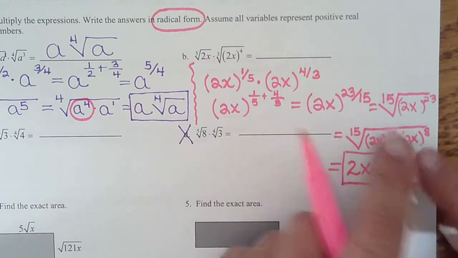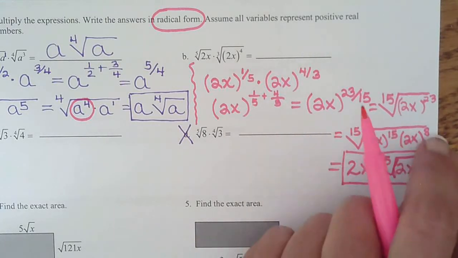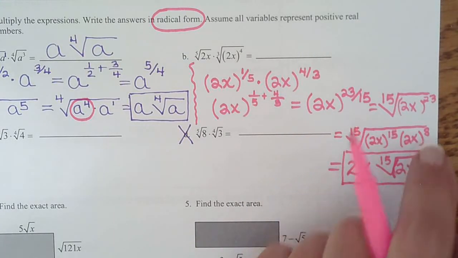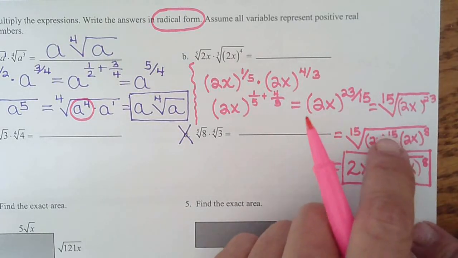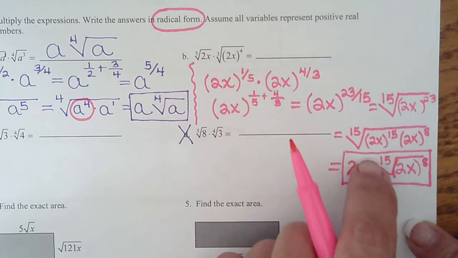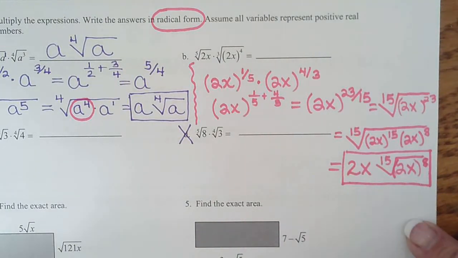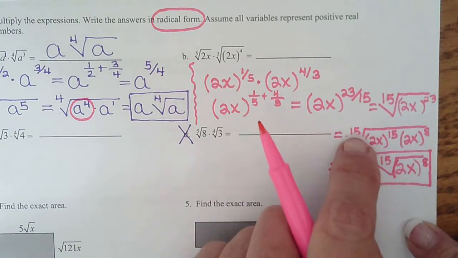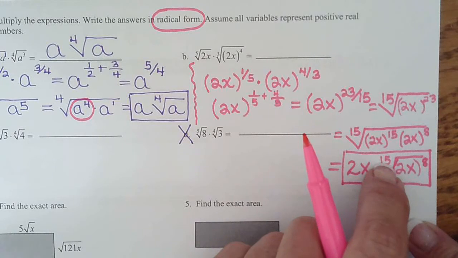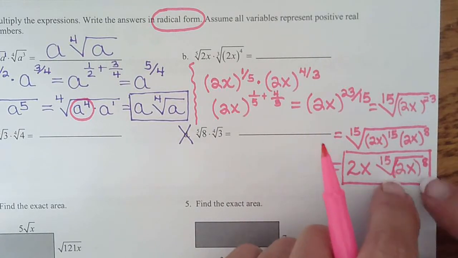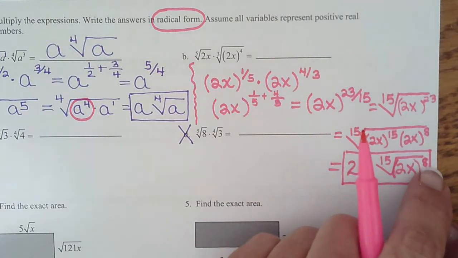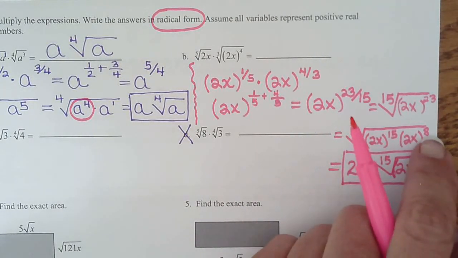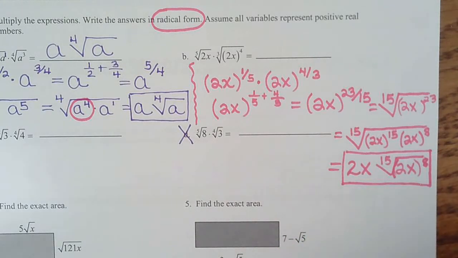I just separated it out into something that's perfect and then a leftover. So then we do 15 divided by 15. That comes out as 2x to the first. And then underneath the radical would be 15th root of parentheses 2x to the 8th, because that one didn't have enough to get out of jail, so it had to stay under.